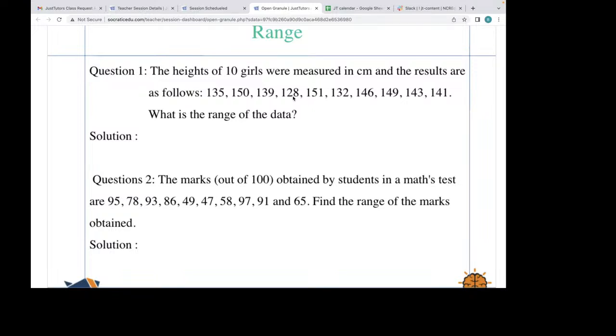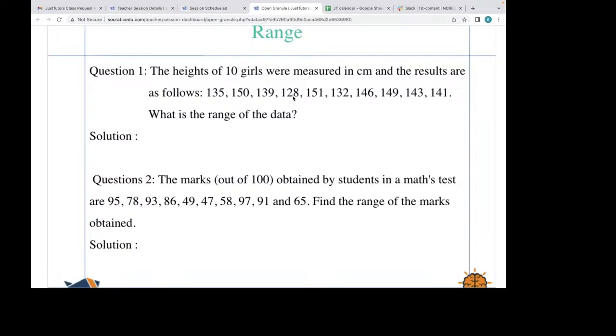Now the next question is: the marks out of 100 obtained by students in a maths test are 95, 78, 93, 86, 49, 47, 51, 58, 97, 91 and 65. Find the range of the marks obtained. So again you have to find the range.